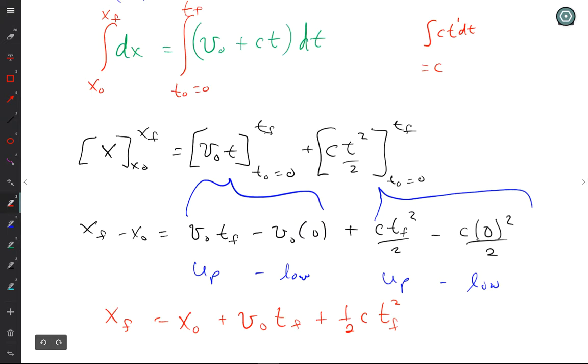No one writes the 1 because it's ridiculous, but that's what it means. And so I'm going to have t to the 1 plus 1, because that's the rule for the integral, divided by the new power of 1 plus 1. So that's ct squared over 2. So 1 plus 1, that is, I took the initial power of 1 and then I raised it by 1. Okay.